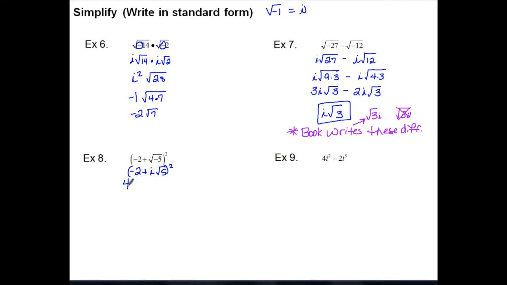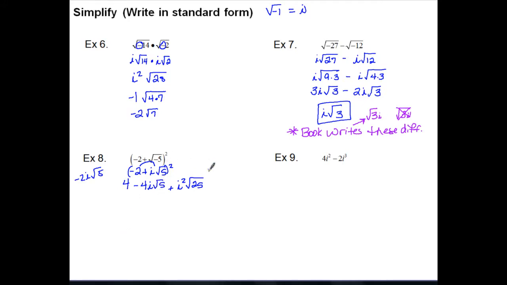So negative 2 squared is 4. i square root of 5 squared: i square root of 5 times itself is going to be i squared square root of 25. Now for the stuff here in the middle, multiply those times each other, which is going to be negative 2i square root of 5, and double it. It's going to be negative 4i square root of 5.